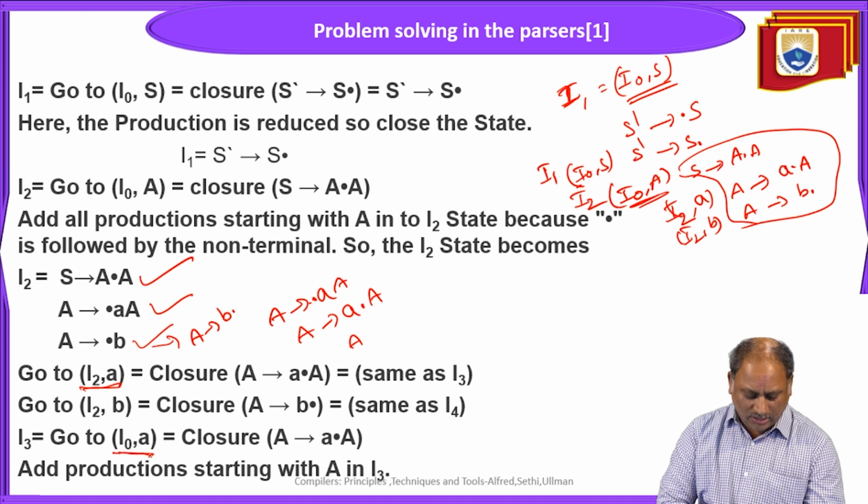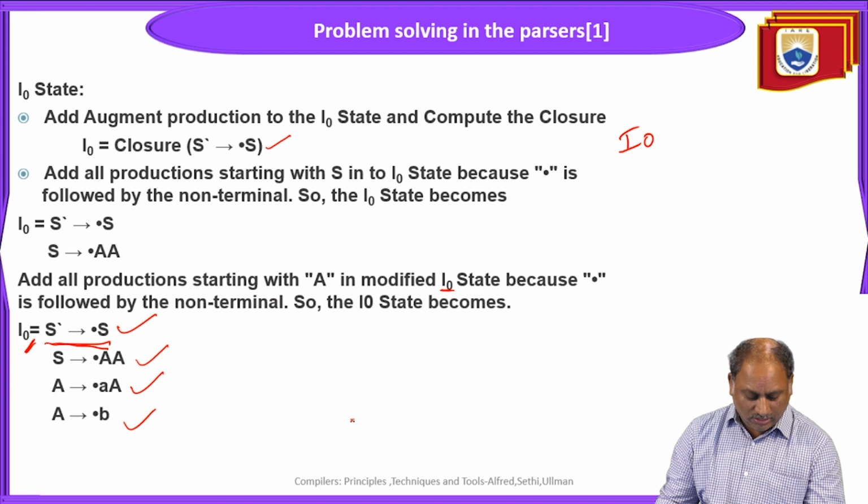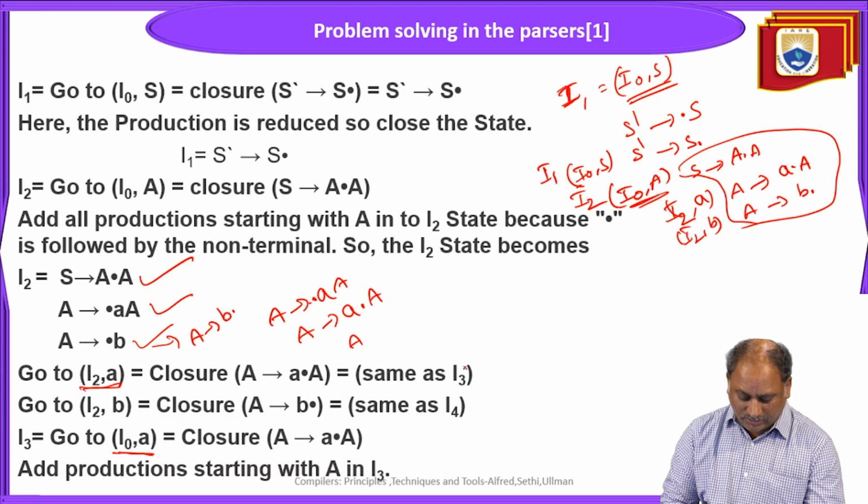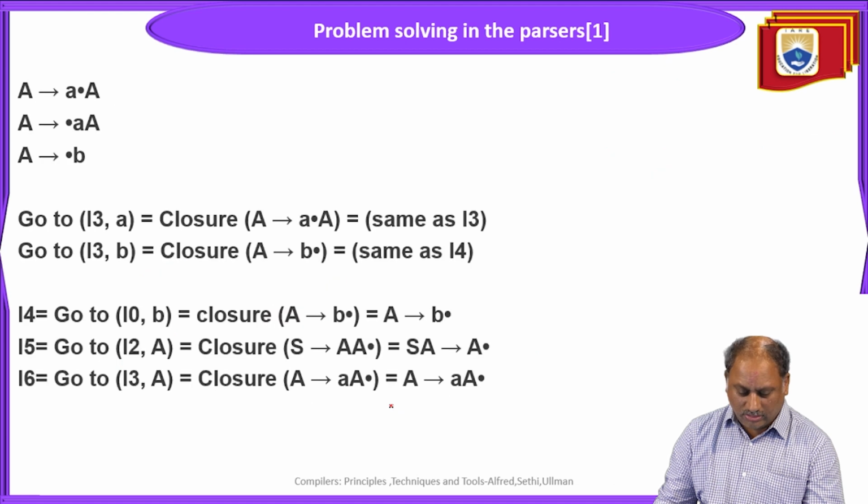So that is here A dot A, small a dot A. From this, I3 is not completely ended, so once again we perform the state I3 with I0 comma A. So we are going to get this one. Now once again I3 comma A appears, then I3 comma B dot. These two things you perform in this example.